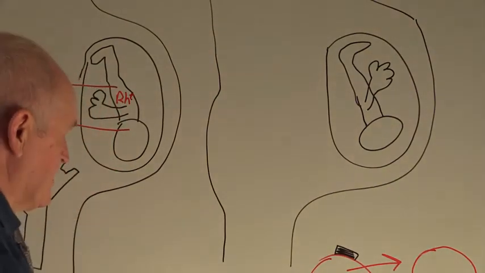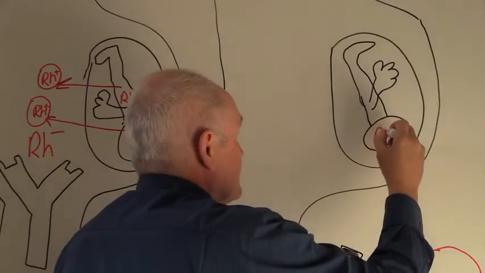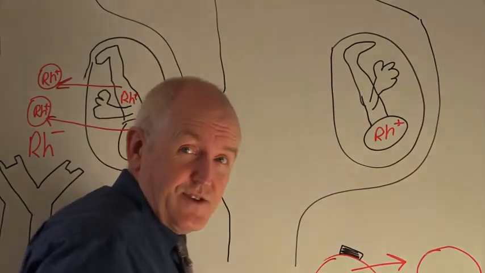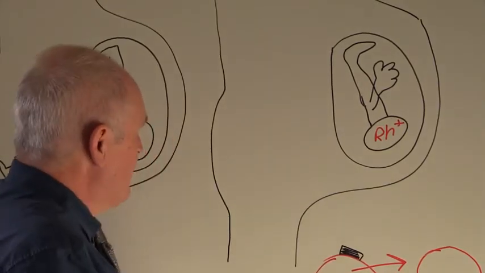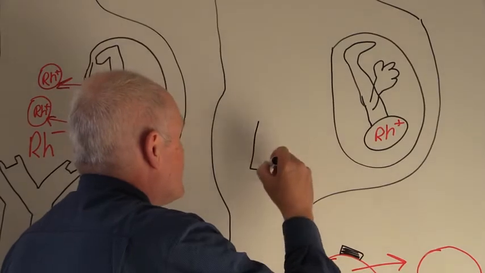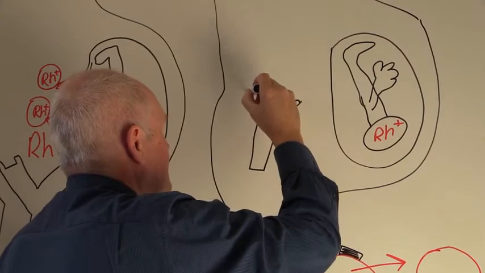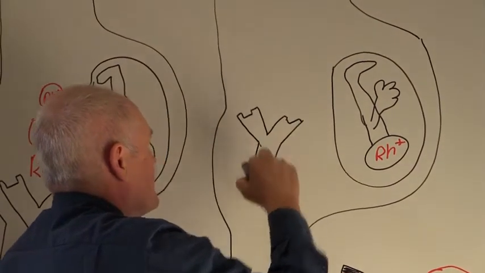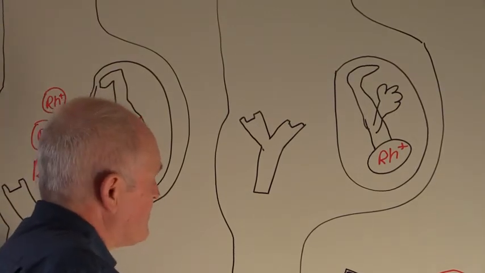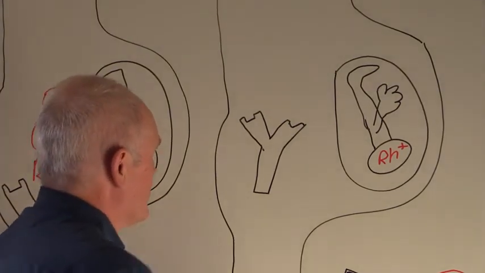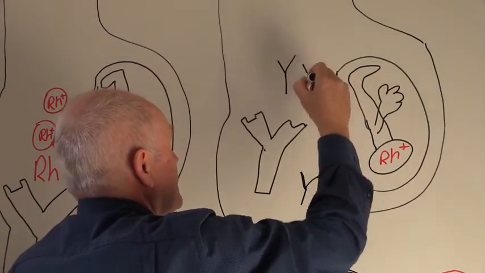And this child, again, is rhesus positive, courtesy of the father's genetics. But now the mother has these rhesus factor antibodies in her circulation. These Y-shaped IgG antibodies. And of course she has untold millions of them, if you draw them at a smaller scale.